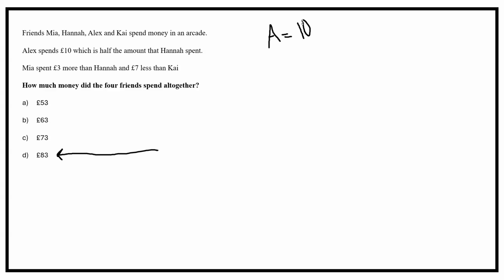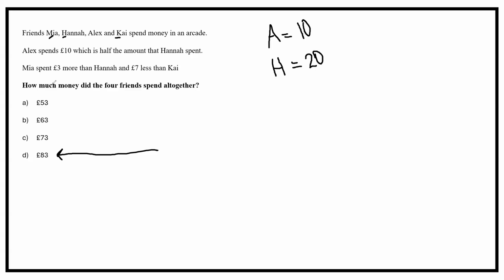The reason I'm not writing Alex is because all of the other names begin with different letters, so I'm not going to get mixed up, am I? Okay? So Alex spends £10, which is half the amount that Hannah spent. So Alex spent half the money that Hannah spent, or Hannah spent double the amount that Alex spent. So what must Hannah have spent? If Hannah spent double Alex, she must have spent £20.